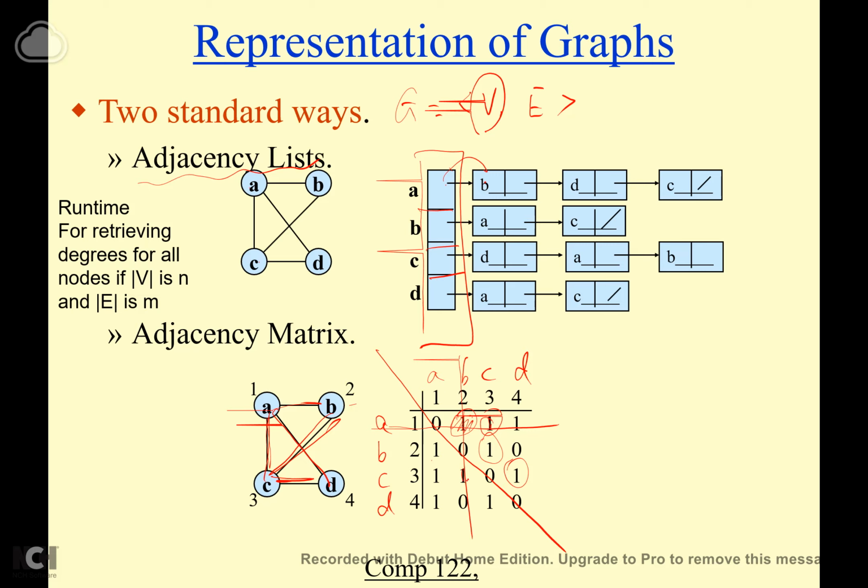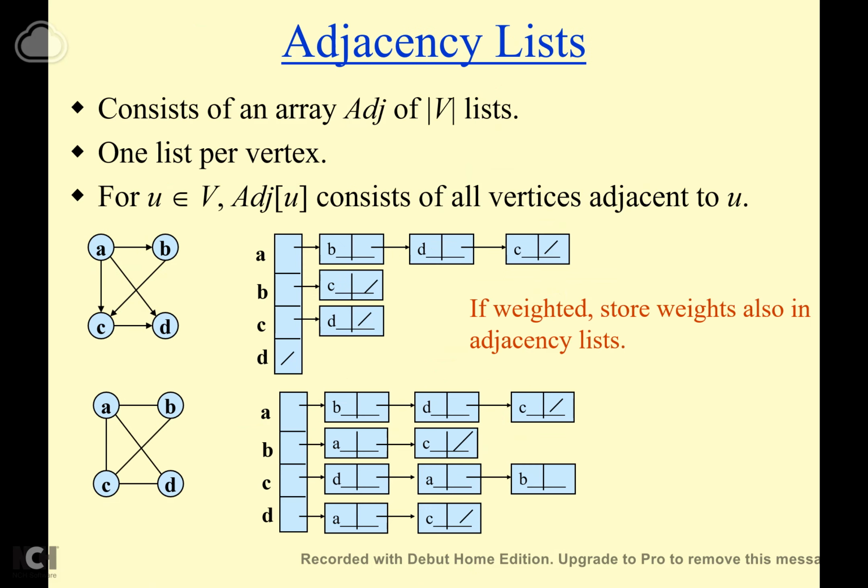So we use 1, not 0, to represent a connection. If it's 1, it represents that they do have a connection. So this is an undirected graph, and both the adjacency list and adjacency matrix can also be used to represent a directed graph. It will be the same.